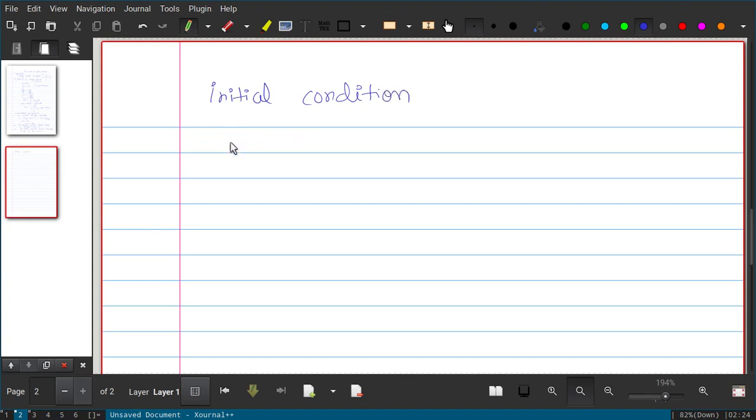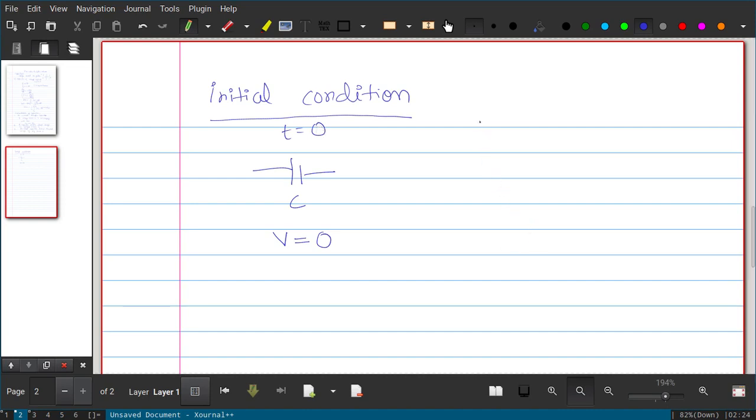So initial condition here, suppose if you consider a capacitor with voltage 0 at t equal to 0, a particular instant of time, no voltage is there across the capacitor. Now at t you want to change the condition of the circuit, you want to change the voltage across it, and I will do that action at t equal to 0.